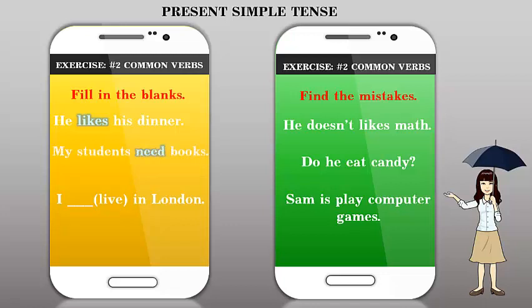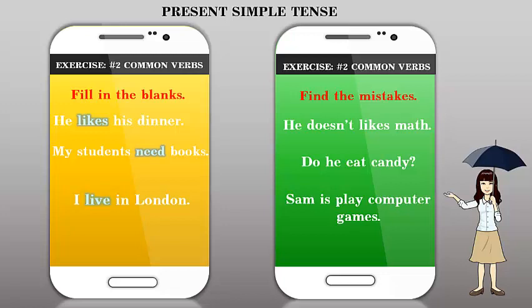The next sentence says, I blank, think of the verb live, in London. What do we do here? Again, the subject is I. Therefore, we don't change the verb. The correct answer is I live in London. For the next part, I would like you to try to find the mistake in this sentence.